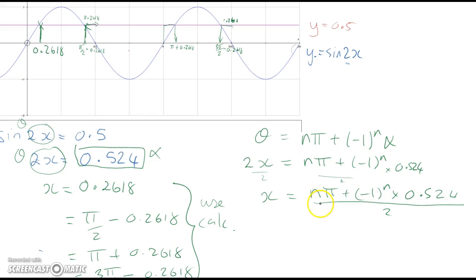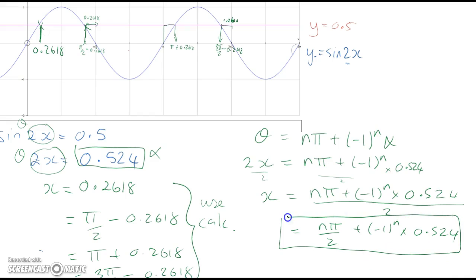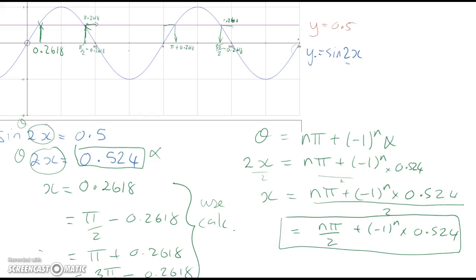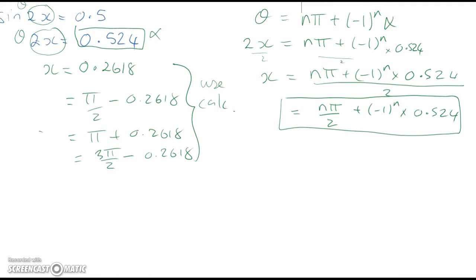This is all times together, so I can simplify that as n pi over 2 plus negative 1 to the n times 0.524 over 2. There, I'm done. That is my general solution, and that is how I could leave it if they only wanted me to write the general solution. I could then use my graph way to find those by putting it into my calculator as I did before. However, let us look at my general solution and just see how everything links up.